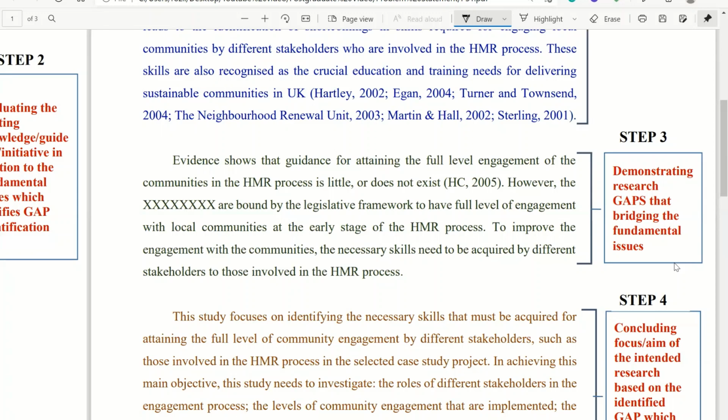discussions, the researcher will be able to develop what actually the gaps are for this research. So by identifying or demonstrating the research gaps, the writer of this problem statement will be able to propose a bridging of the fundamental issue.